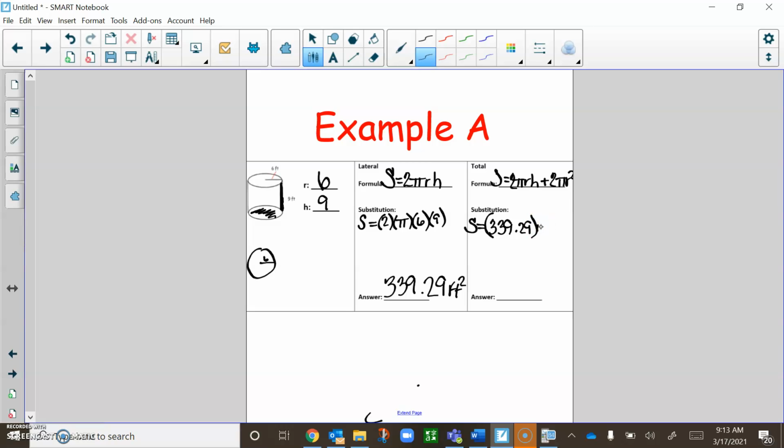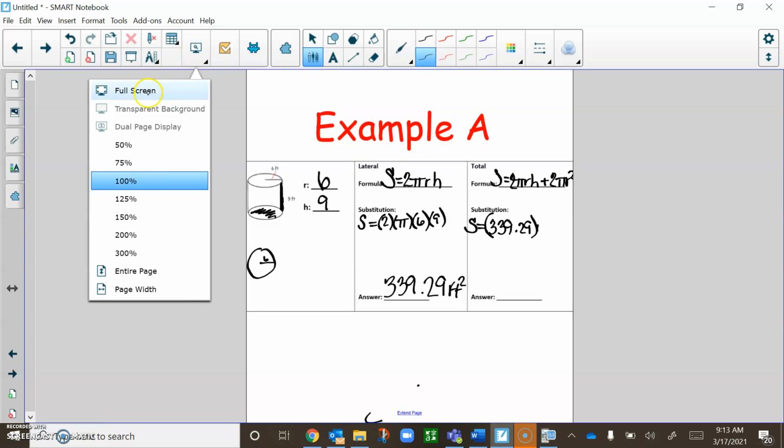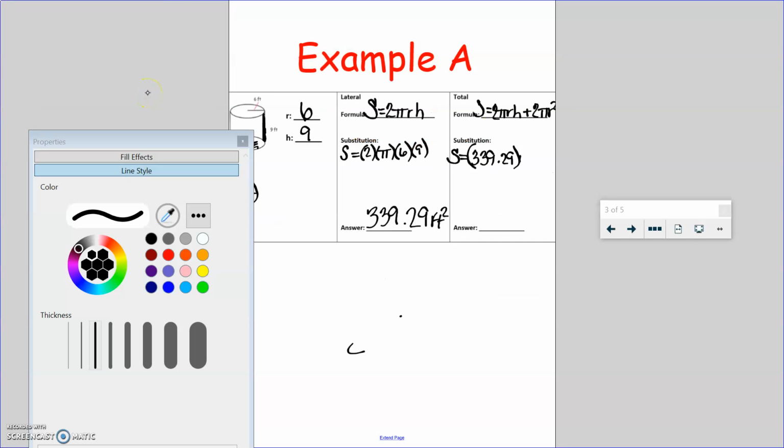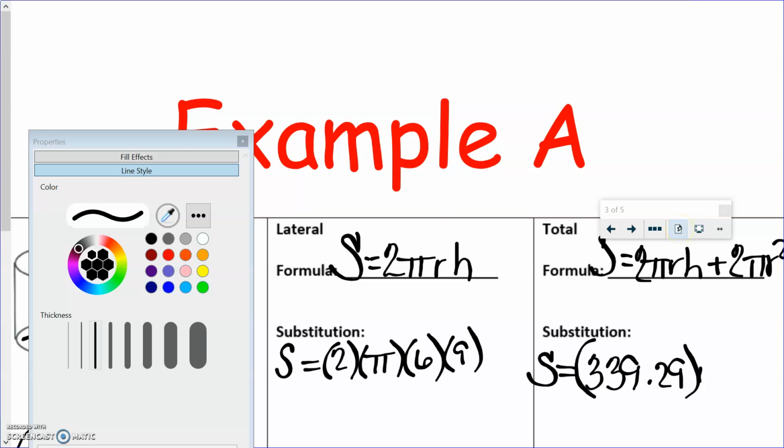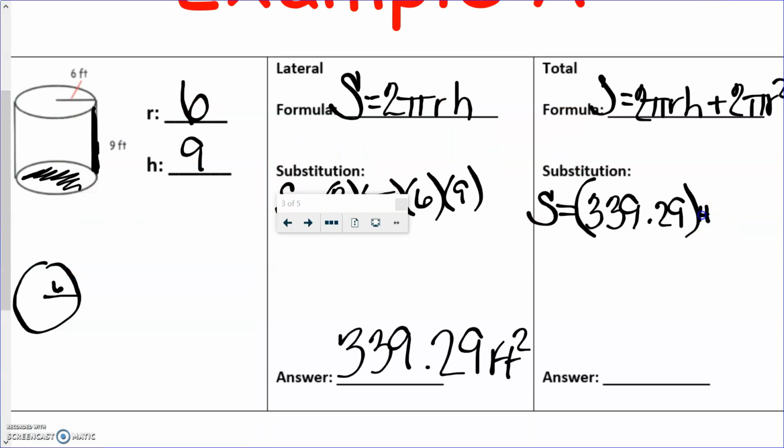And then we're just going to add 2 times pi times our radius squared, and our radius is 6. And we have to square that.